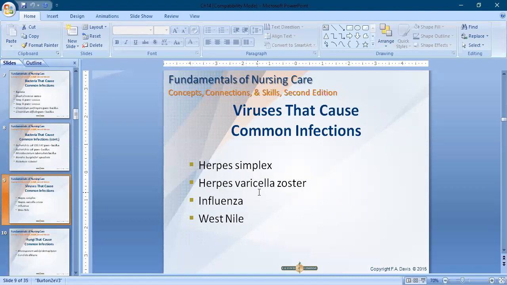Influenza. What type of infection is it? Right? Influenza is also contact precaution. And influenza, West Nile fever, West Nile, or flu.